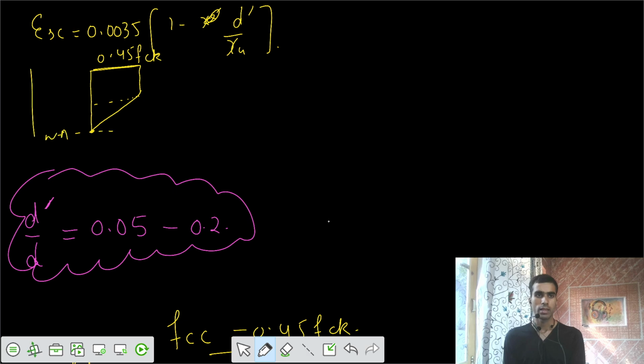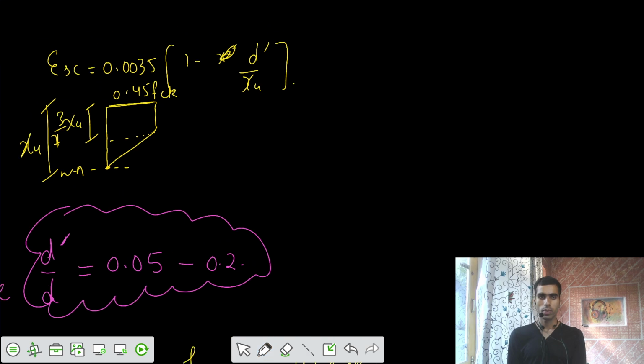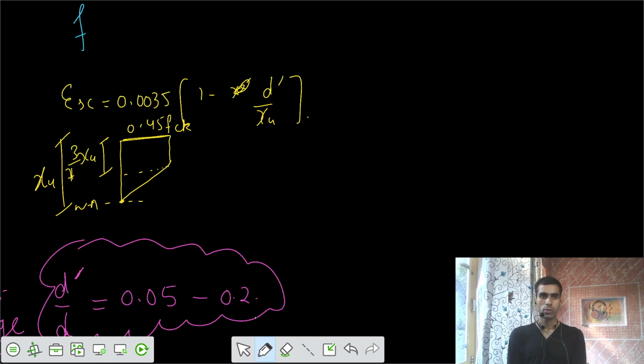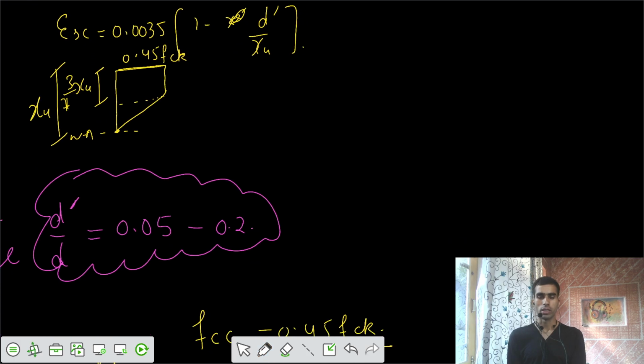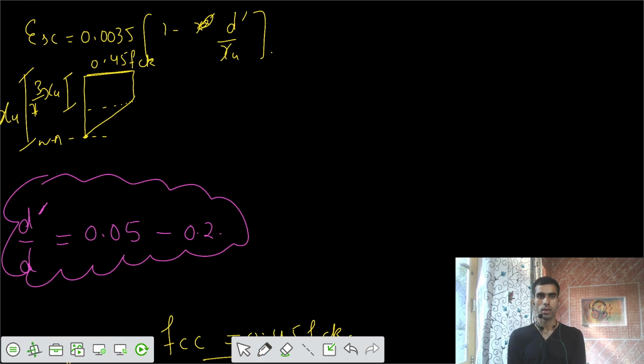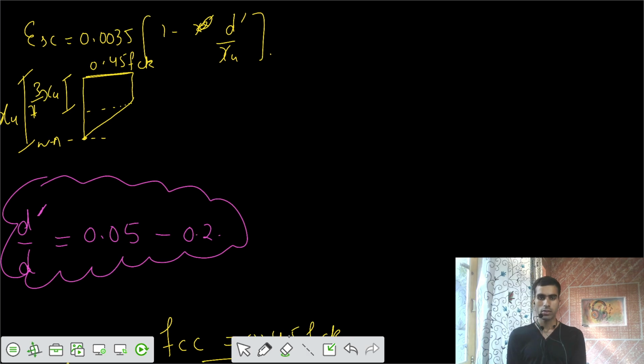This depth is XU, and this part is 3/7 of XU. We usually say that d dash by d is in the range 0.05 to 0.2. We are doing all this to know the value of FCC. Let's talk about mild steel, Fe250.